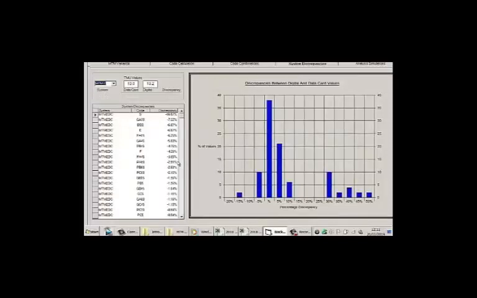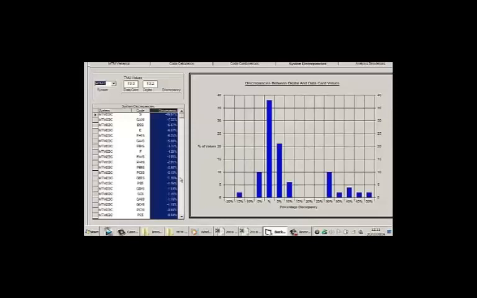The chart shows the range of discrepancy for individual values. The grid here lists the discrepancies in ascending order.